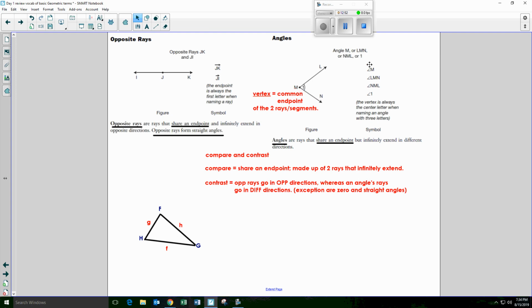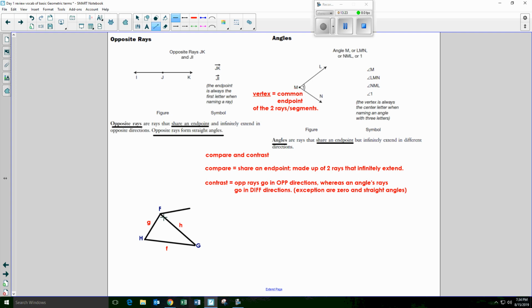Lastly is if there's only one angle associated with that vertex. There's no other angles associated out here. So there's no other segment drawn or ray drawn anywhere out here. Then there's only one angle that this M can be, and I can call it angle M, just like this F here. There's only one angle F. Now, if I had gone ahead and drawn out a segment like that, I can no longer call this angle F. Because I don't know, F could be that one, or the combination of the 2.